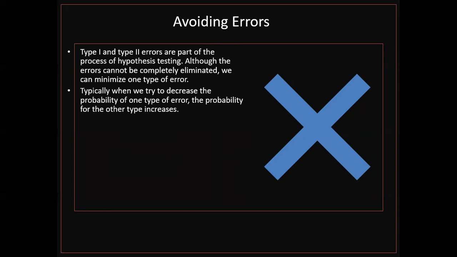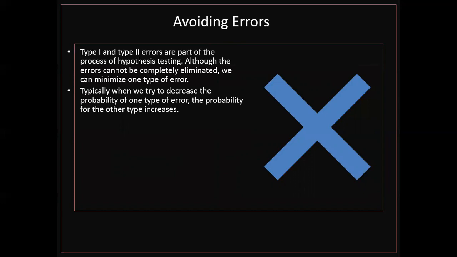So if we decide, let's say, 10% is too high, so let's make it lower, we make it more stringent, and that increases the chance of a type 2. If we think to ourselves, 2% is too stringent, and we start to increase it, then that leaves us open to a type 1 error.